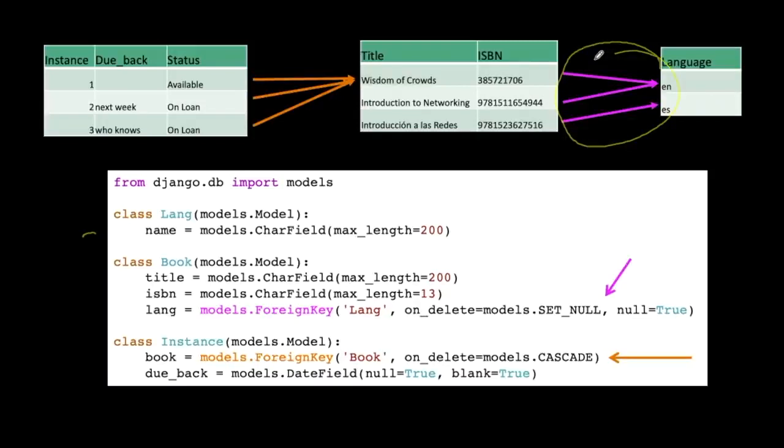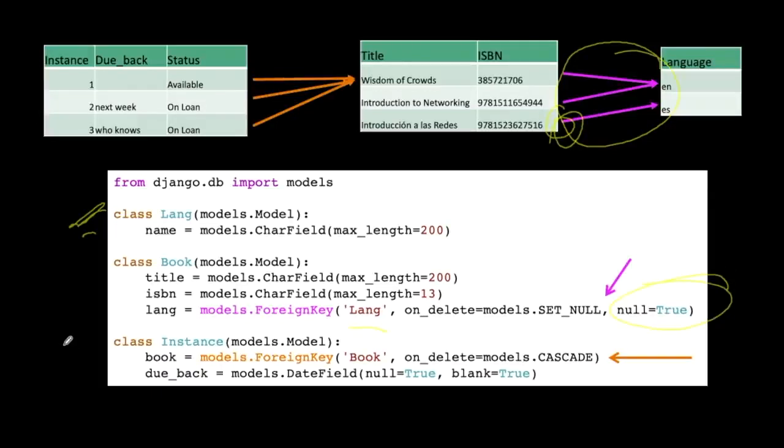And it's a foreign key into the table called lang, and this table called lang matches that table. And then we have a couple things. I'll talk about on delete in a second, and then null equals true is whether or not it's required. What it's saying when null is true is we're allowing emptiness. So that means it's possible to have a record in the book table that doesn't have a language. That's what we're saying when we say null equals true.